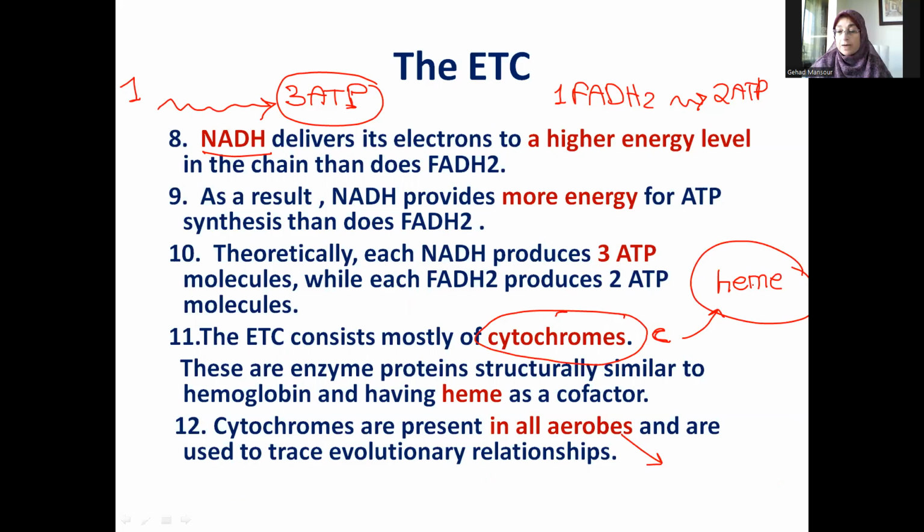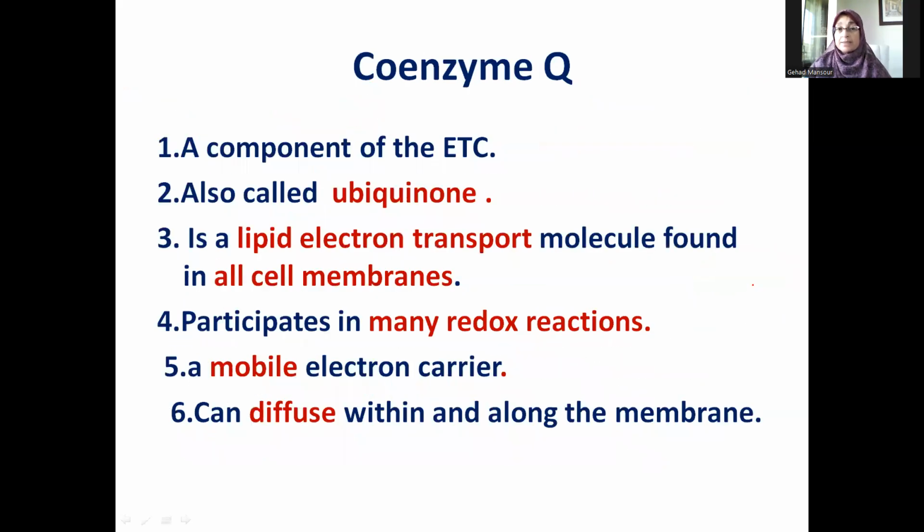What is a cofactor? A cofactor is a small inorganic molecule that activates the corresponding enzyme. This is different from the coenzyme, like coenzyme Q, which is a large organic molecule that helps activate an enzyme. As we said, coenzyme Q is a lipid electron transport molecule.